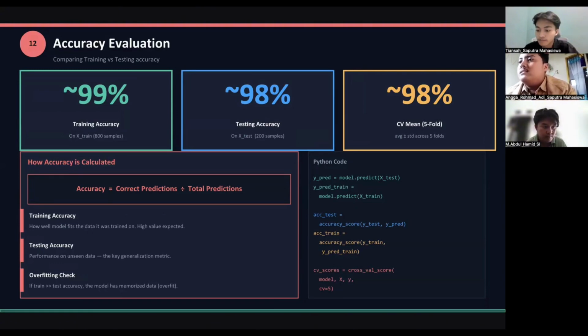This result indicates that the model performed very well and is generally effective on user data. The difference between training and testing accuracy is also small, which means overfitting is minimal.